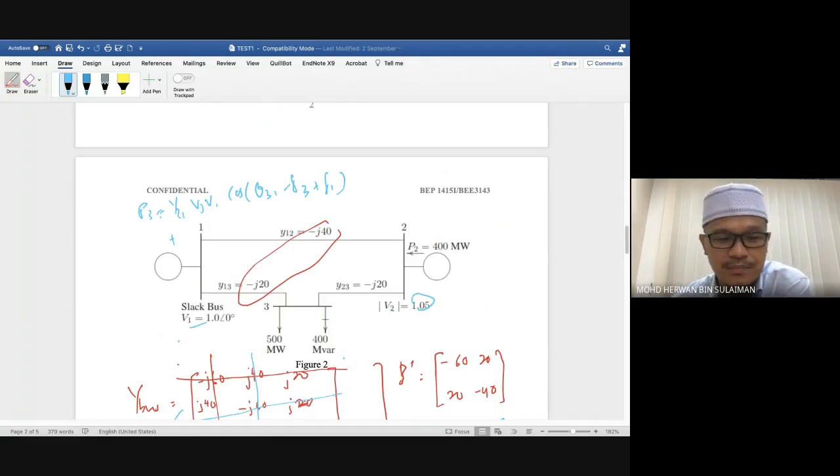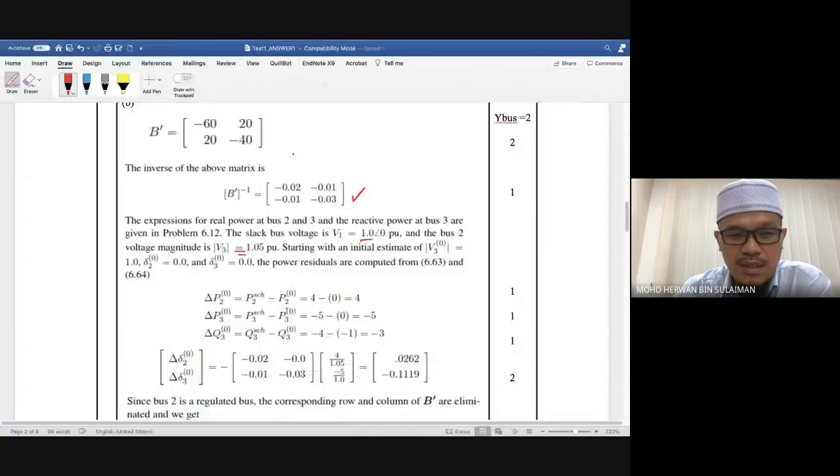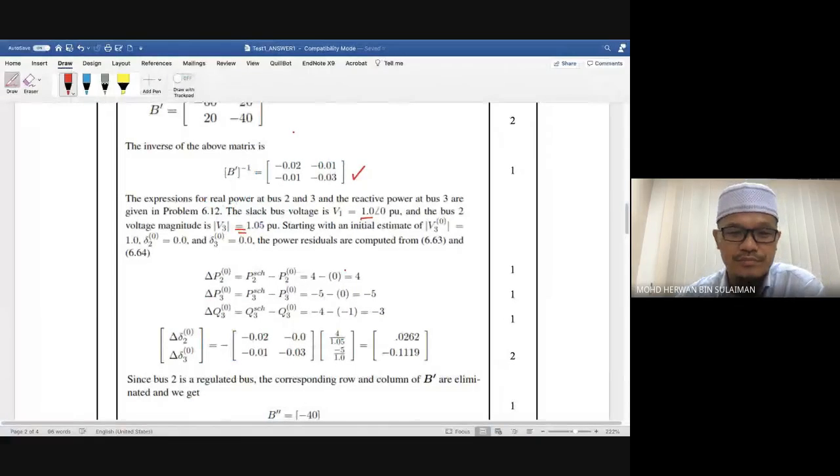Sama juga yang ni. 31 and then ada Y32 V3 V2 cos theta 32 tolak theta 3 plus theta 2 plus Y33 V3 square cos theta 33. So you masukkan value, you akan dapat jawapan dia ialah kosong.